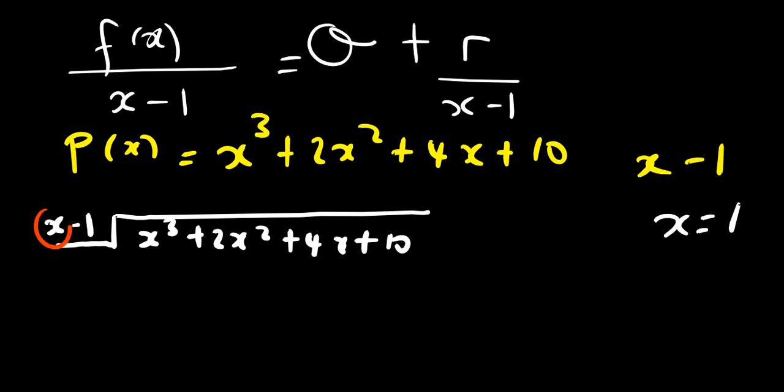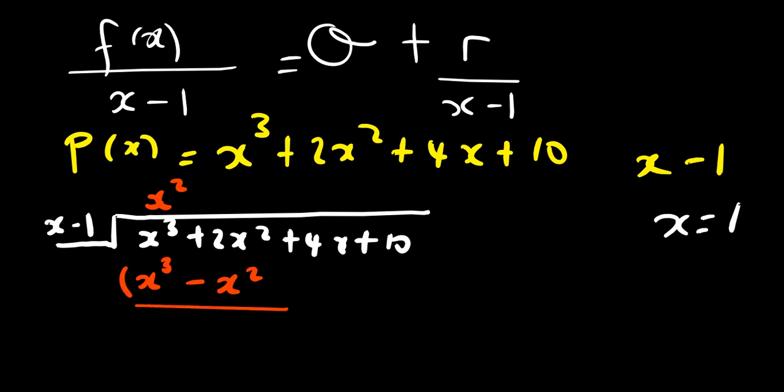So x divided into x to the power 3 gives x squared, because 1x and 1x will cancel. Then this x multiplied by x squared gives us x to the power 3. Then this same x again will multiply by our negative 1 there, so you have negative x squared.